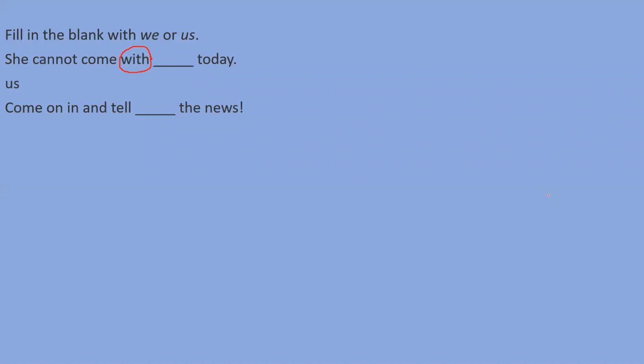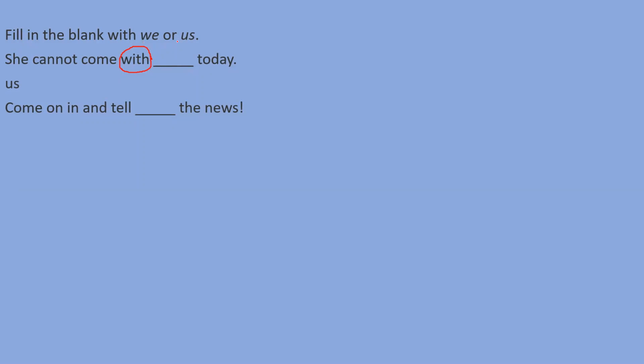Next is that come on in and tell us the news or we the news. Which pronoun will come here? Who will let me know? Kanishk, you please tell me which pronoun will come here. Sir, me. But we have two options, we and us.